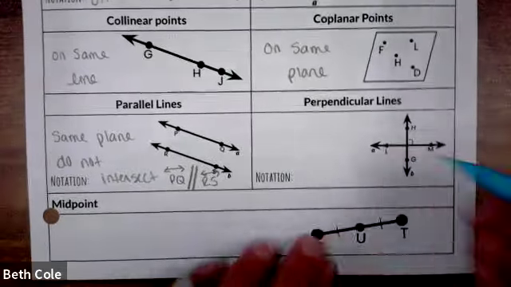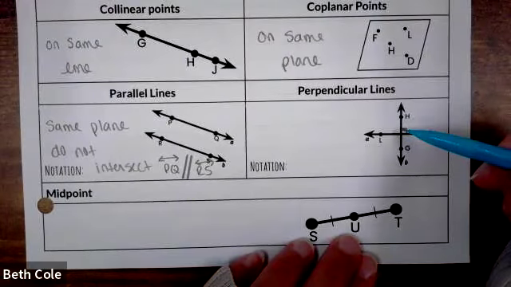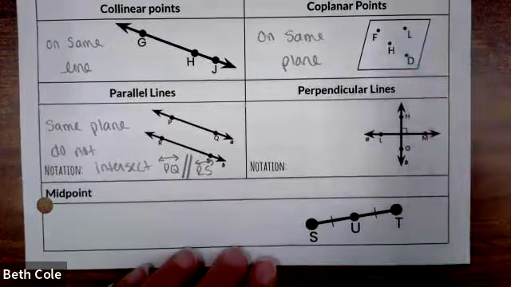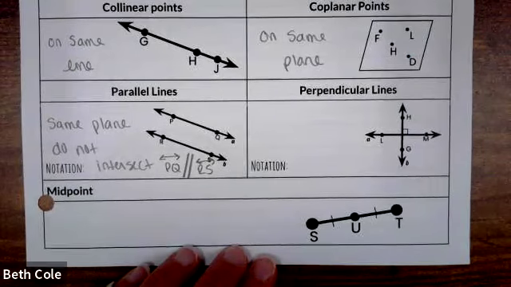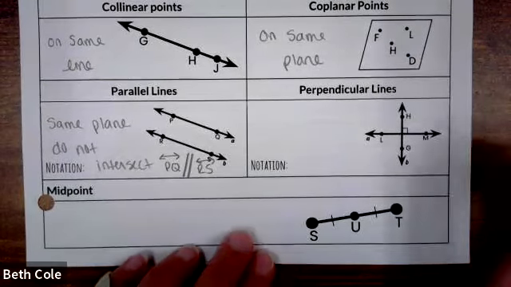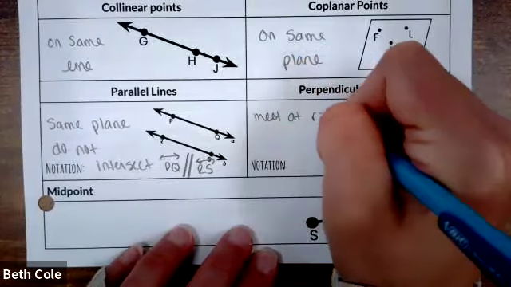All right, so we got parallel and then perpendicular. Does anyone know what this little box in here means? Like if you see that little square, what that means? Yeah, good, right, perfect, right angle. And how many degrees is a right angle? Yeah, see, geometry is so much common sense. You're doing just fine. So it means that they meet at a right angle.